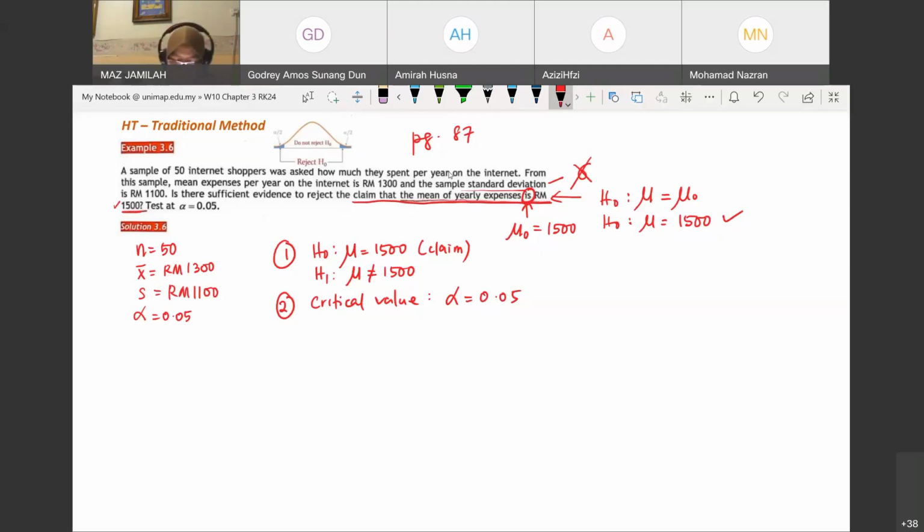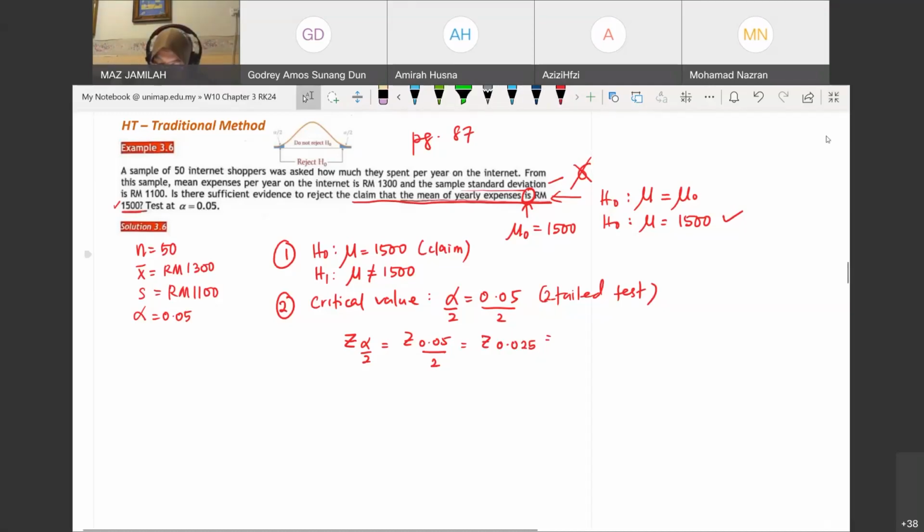Since we are dealing with a two-tail test, this alpha will need to be divided by 2. So my critical value is given by Z alpha over 2, which is Z 0.05 divided by 2, which is equal to Z 0.025. So look at your table of the standard normal.